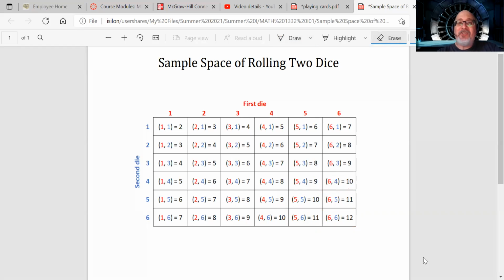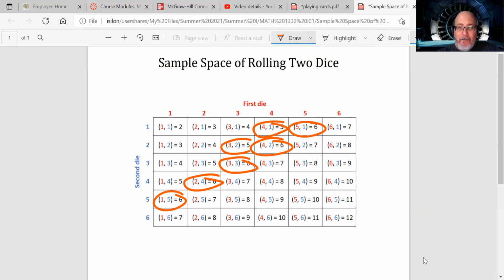The sums that are less than or equal to 6 are 6, 5, 4, 3, and 2. And if you count all of them, there are 15 numbers circled. Making sure? Yep, there are 15 numbers circled.